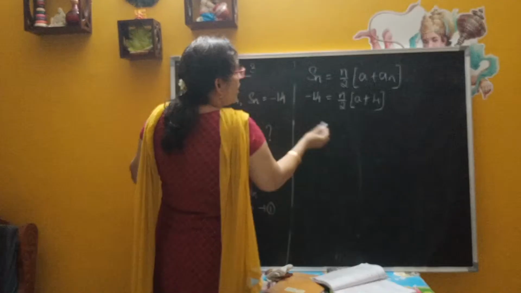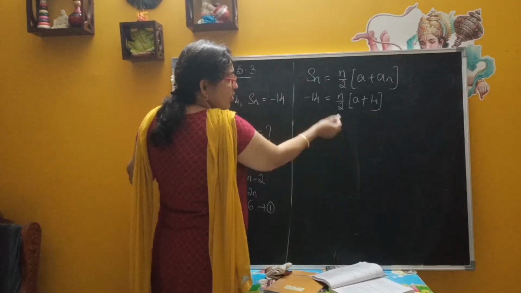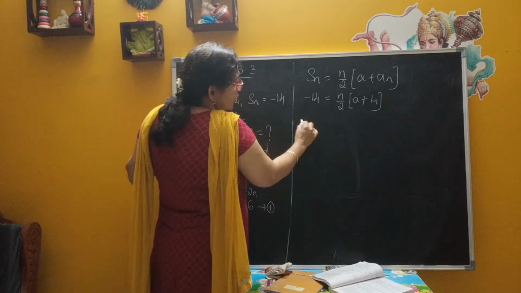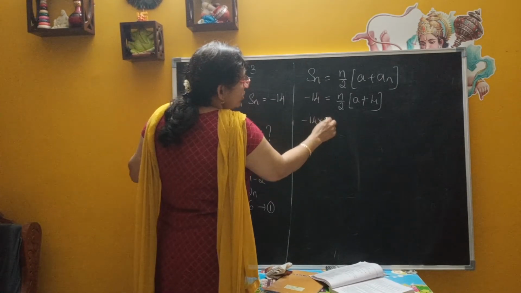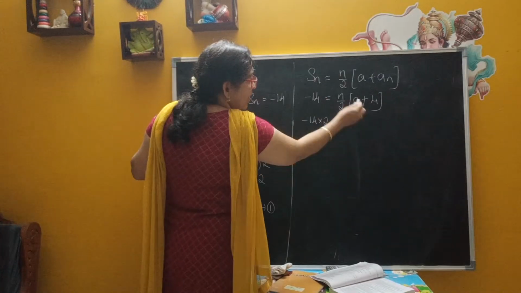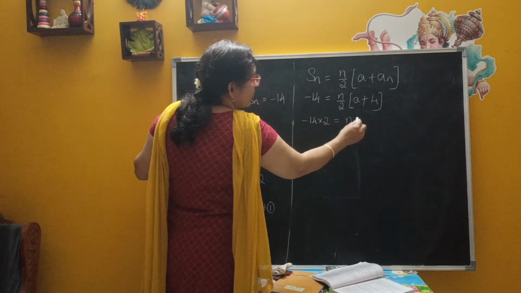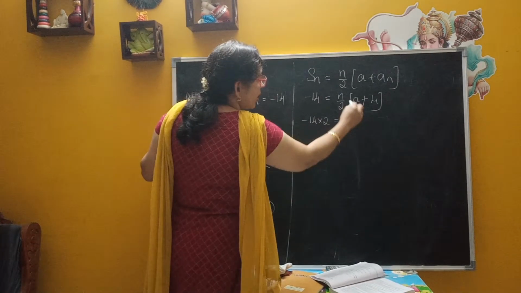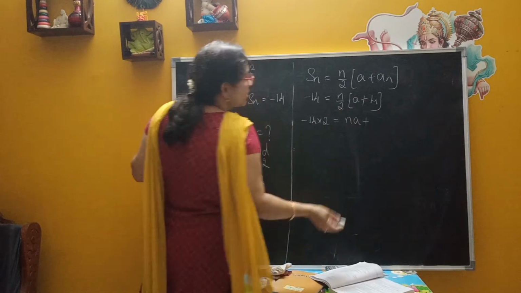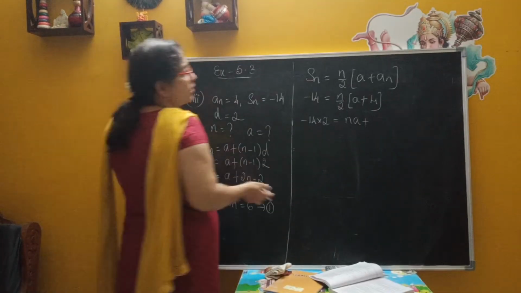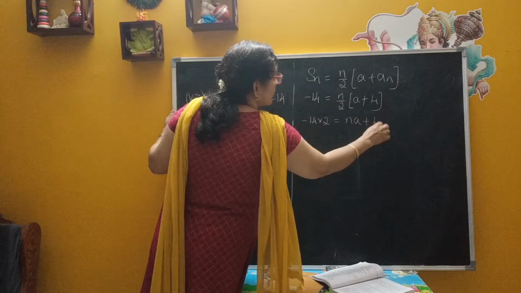Okay, so let me multiply here, cross multiplication. So minus 14 into 2. Okay, I keep n here only itself. So n into a plus 4, or na plus 4n it is.